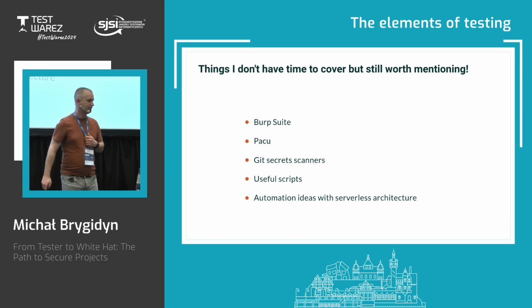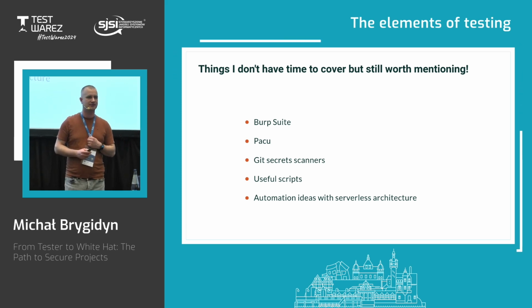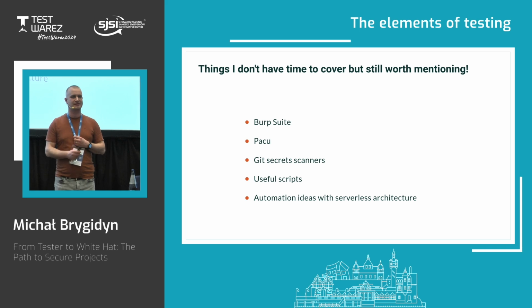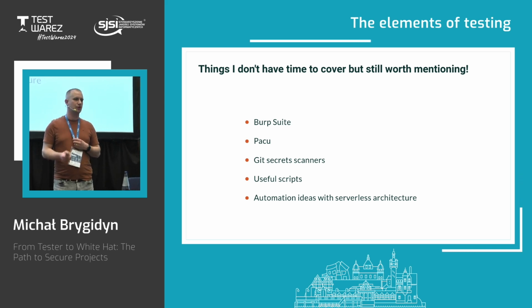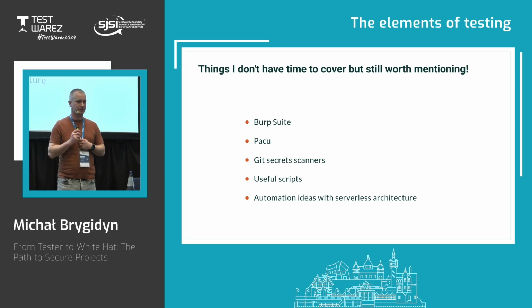It's a useful one. Then we have Pacu. It's a small tool to analyze AWS. If I find an access and secret key, I don't want to click through everything and check what API endpoints are available for me. I just run Pacu and it gives me everything. I already know what I can do with these credentials.